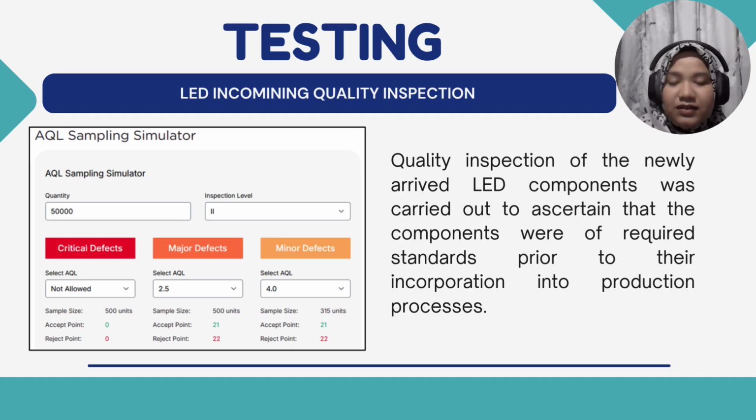During the inspection, the physical condition and the quality of the LEDs were checked, and we also used a multimeter to check the electrical continuity and the functionality of the component. The inspection helped to ensure that the number of defective LEDs remained within the acceptable limit before the batch was approved for production.